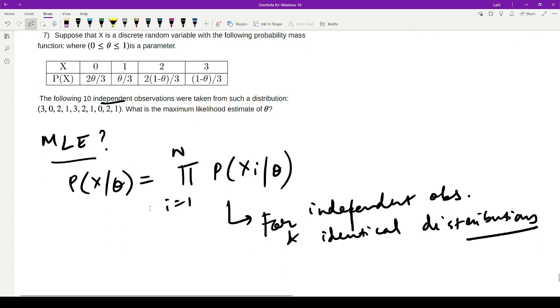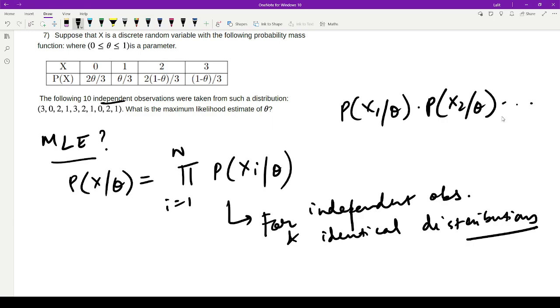That's the case where you can directly write it like this. If they're only independent, then you have to write it individually. And if they're not even independent, then you can't hope to use MLE at all. It's that problematic. So assuming that you have 10 independent observations taken from the same distribution, you can write it like this.